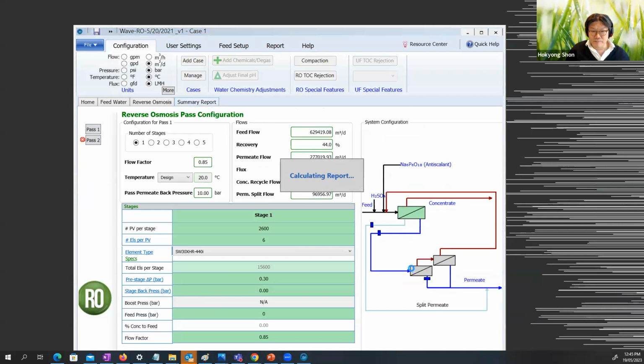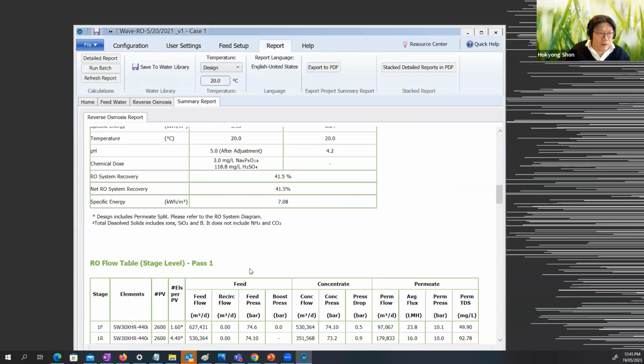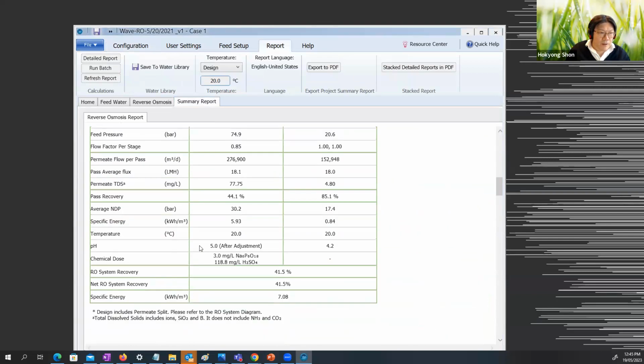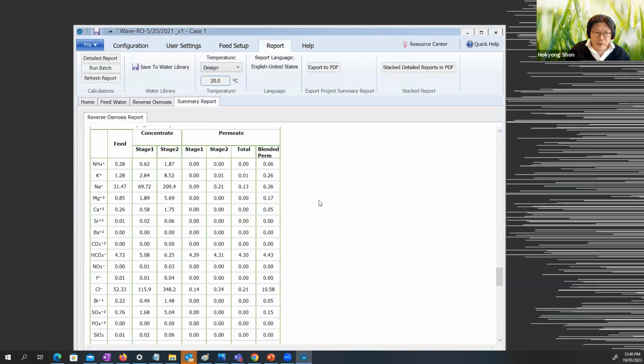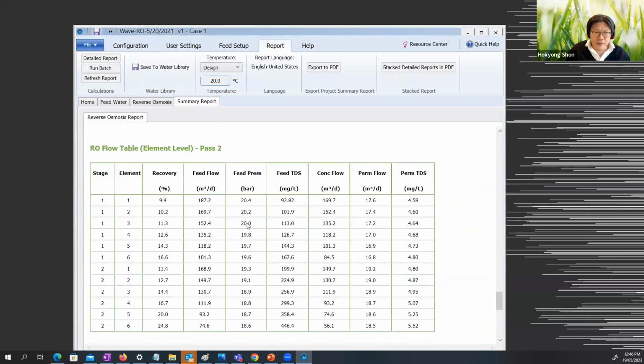what's the difference from your second pass, first pass, and then second stage. So you will see your report, and we don't have any design warnings here, no design warnings. Then we changed the pH.